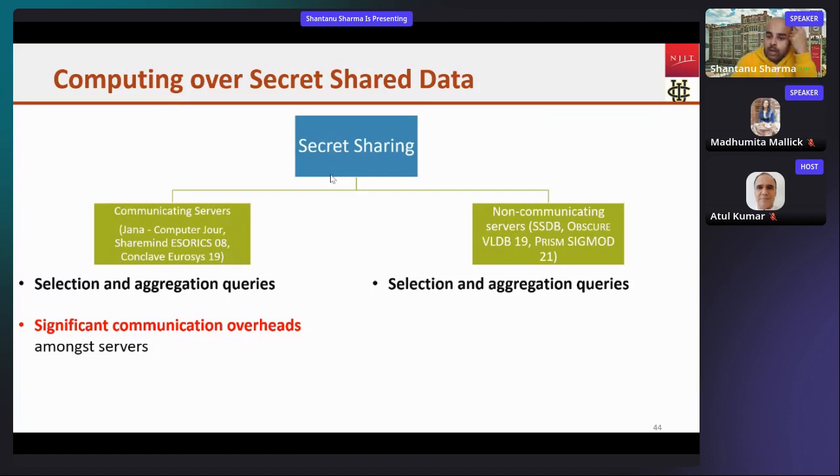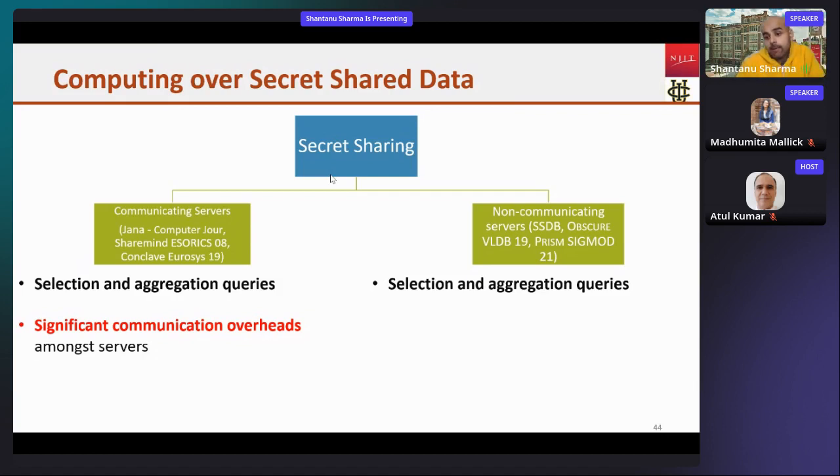And both of the techniques can support selection and aggregation queries very efficiently. Still, as I told you in the encryption part, join operation is an open problem in the entire cryptographic domain. So there is no efficient solution for joining even two relations.